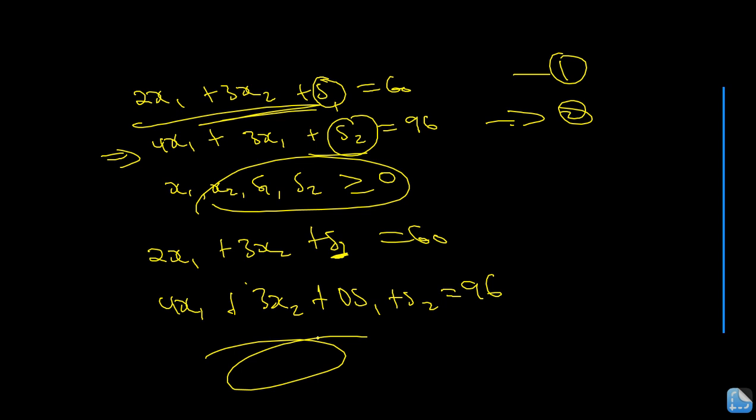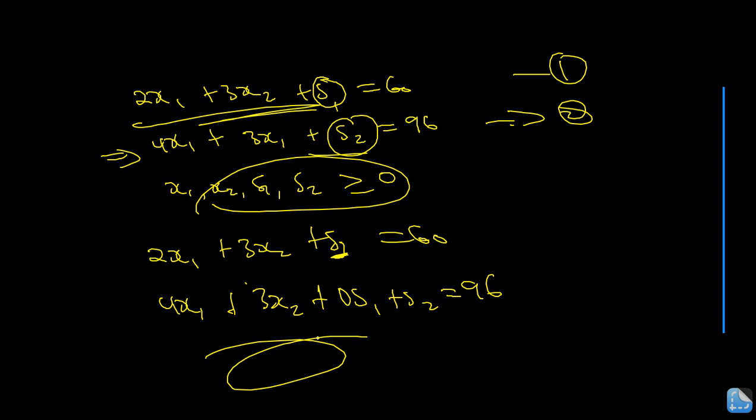Once we have done this, we also need to modify the objective function. Why? Because the objective function for the simplex method should contain every variable in the system, including but not limited to the slack variable.